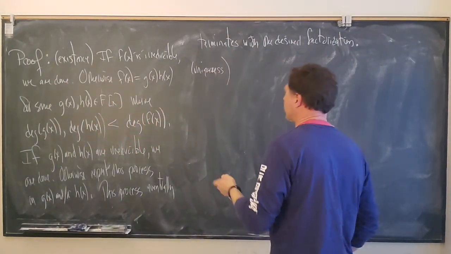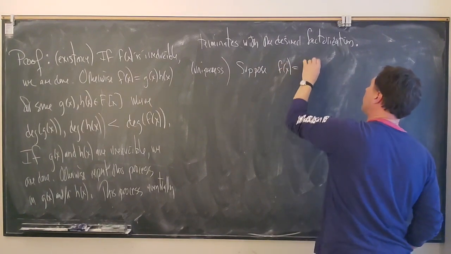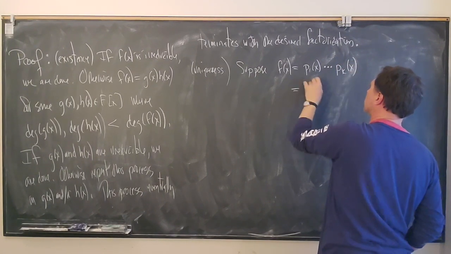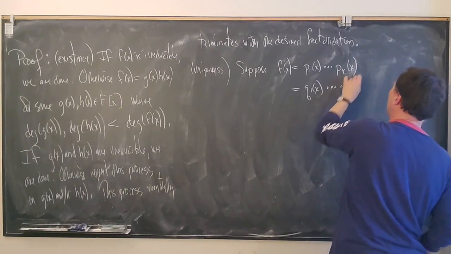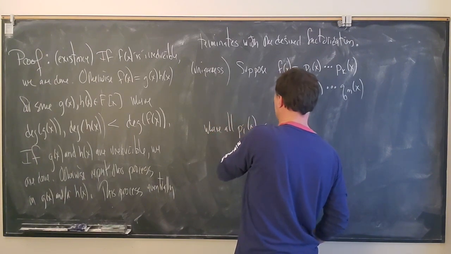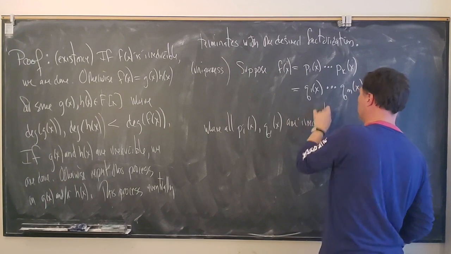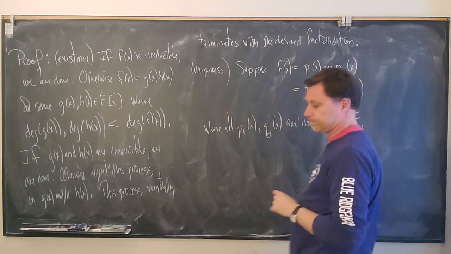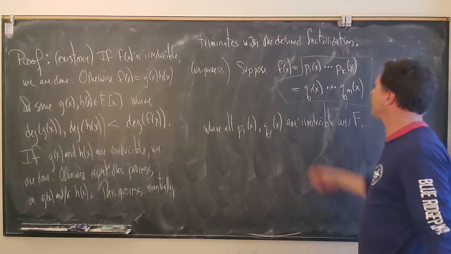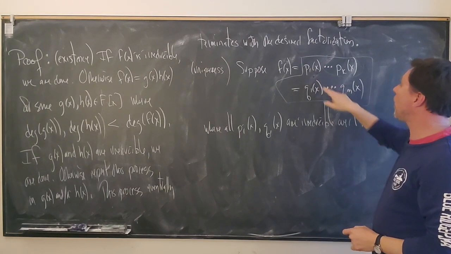So let's suppose that we have a couple of different factorizations. So suppose that f of x is equal to p1 of x dot dot dot p sub k of x, which is equal to q1 of x dot dot dot q sub m of x, where all p i of x and q i of x are irreducible over F. All right, so now thinking of this equality right here, what we have is that p1 times some polynomial is equal to this stuff right here, which tells us that p1 divides this product.